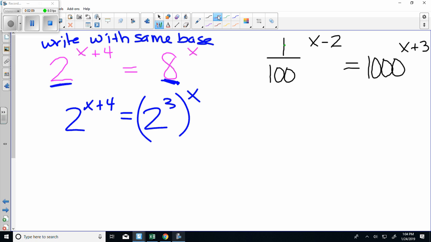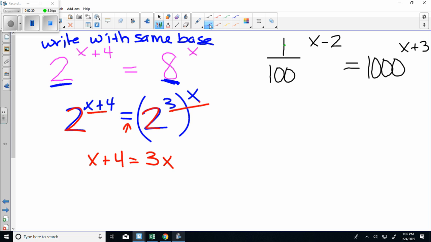And then because we have the equal sign here, since the base is the same on both sides, the exponents must be the same also. So then x plus 4 is equal to 3x because you multiply exponents together.